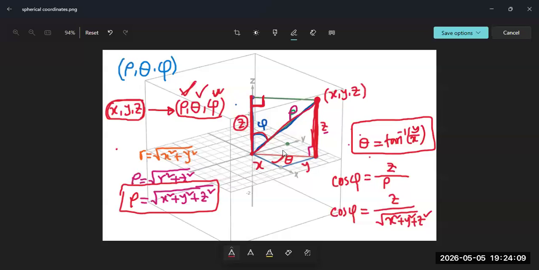In this case, since the coordinate is in the first quadrant, this theta is tan inverse y divided by x, and phi is cos inverse z divided by square root of x square plus y square plus z square. So we can write this way: phi is equal to cos inverse z divided by square root of x square plus y square plus z square.